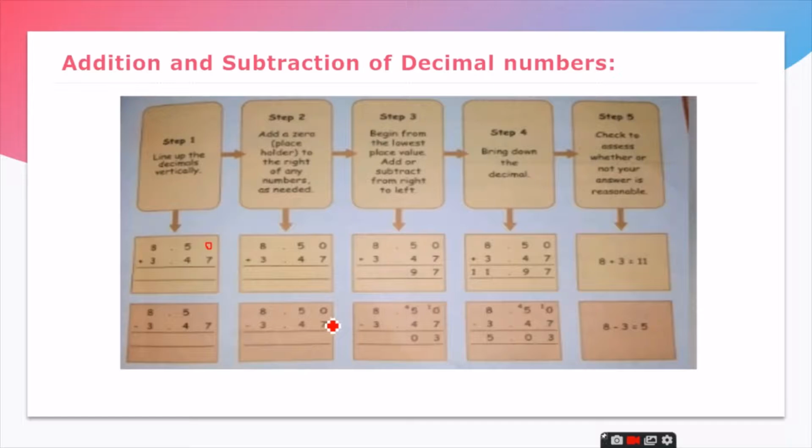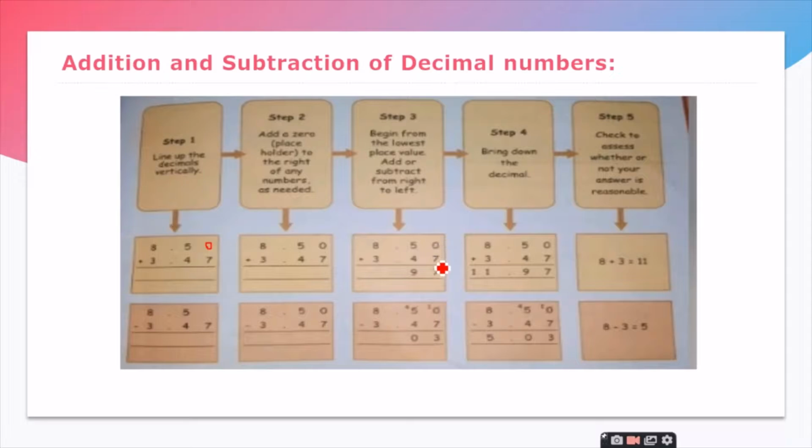Similarly in subtraction we add 0 after 5 to make it like decimal. Now step number 3 is: begin from the lowest place value, add or subtract from the right to the left.